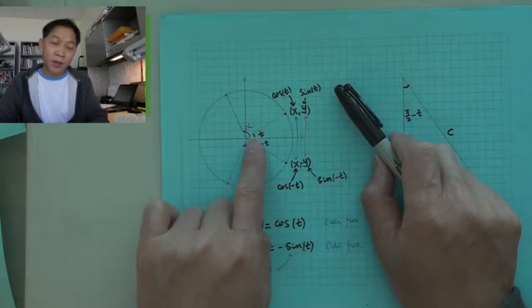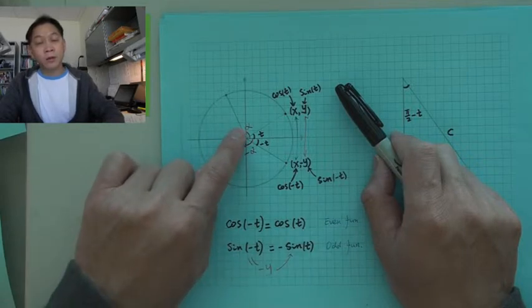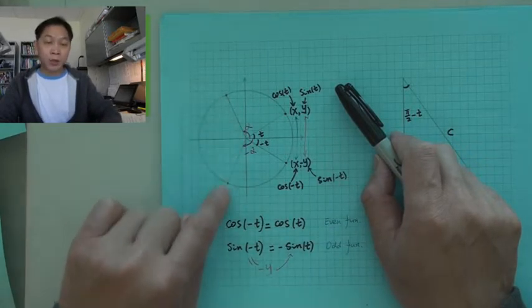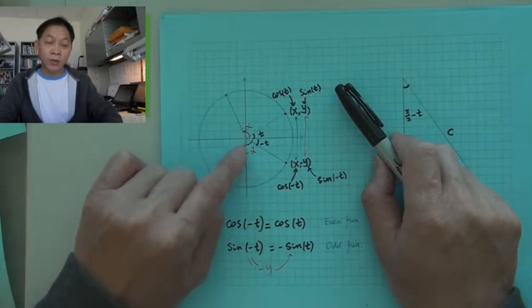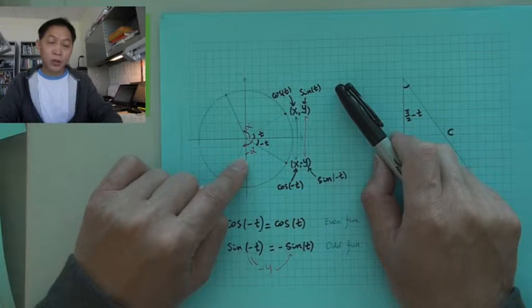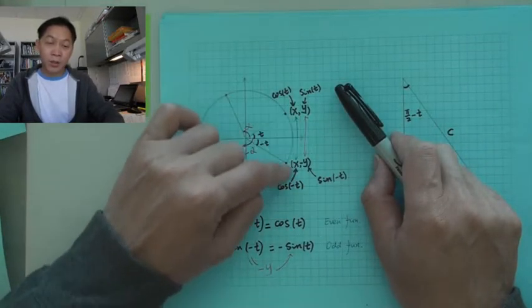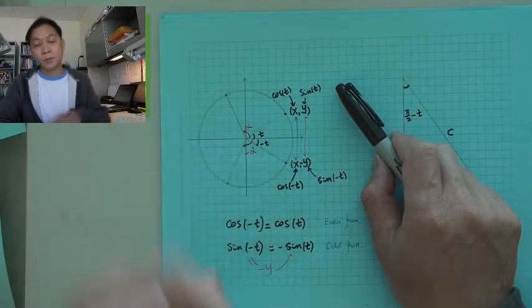We have an angle t and negative t, and then for angles in the second quadrant and the third quadrant, let's use alpha and negative alpha to denote it. Still you will see the xy coordinates have the same relationship as the ones in quadrant 1 and 4.